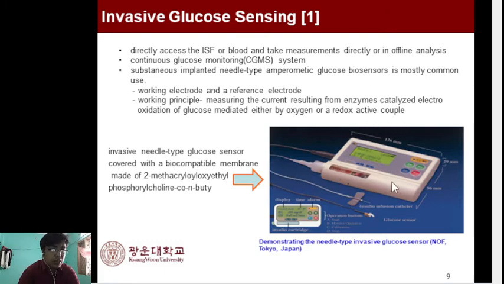Here is the figure. You can see this is the needle, the invasive needle-type glucose sensing. It can be embedded in the same platform or maybe a different platform, depending on the mechanism.